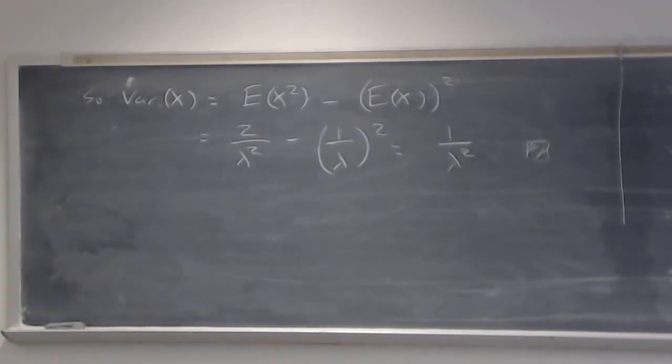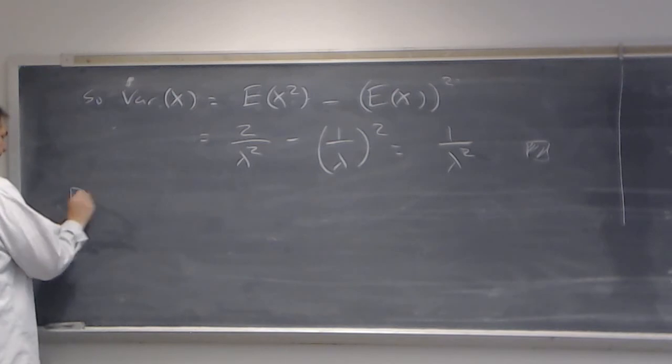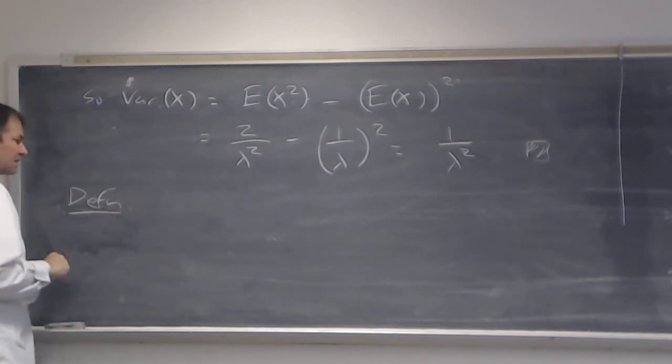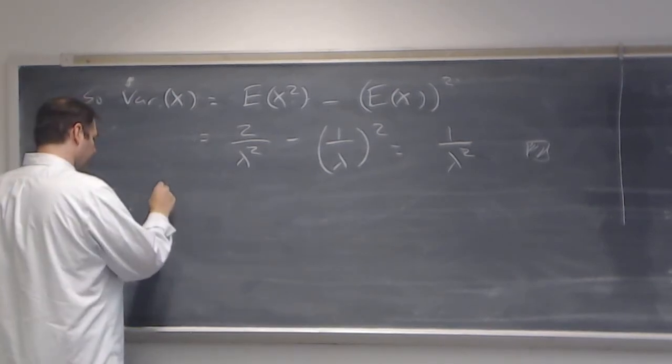Next thing I want to look at is something called the gamma random variable. So definition, it's going to be a little bit lengthy definition.